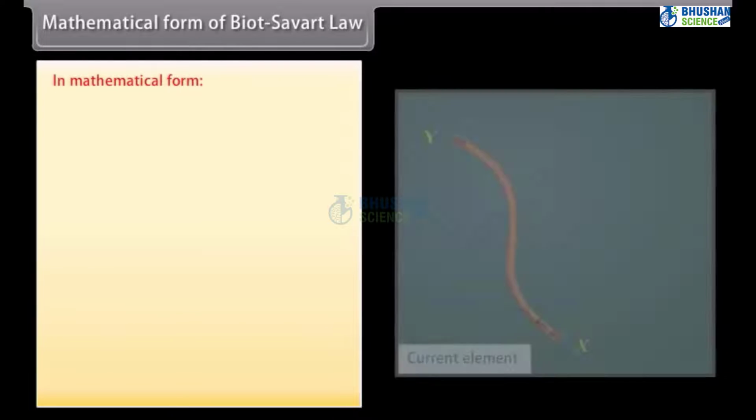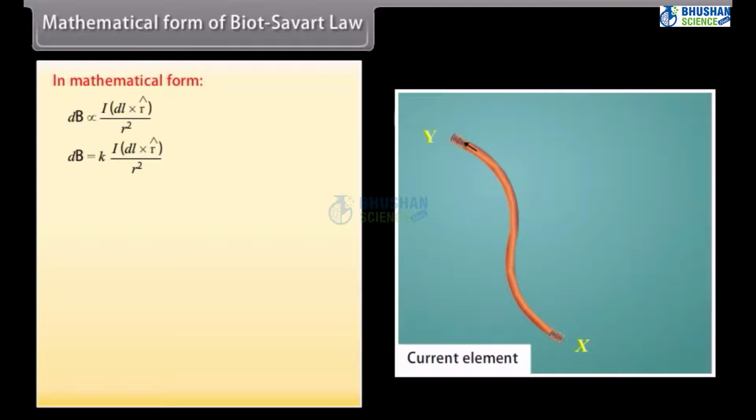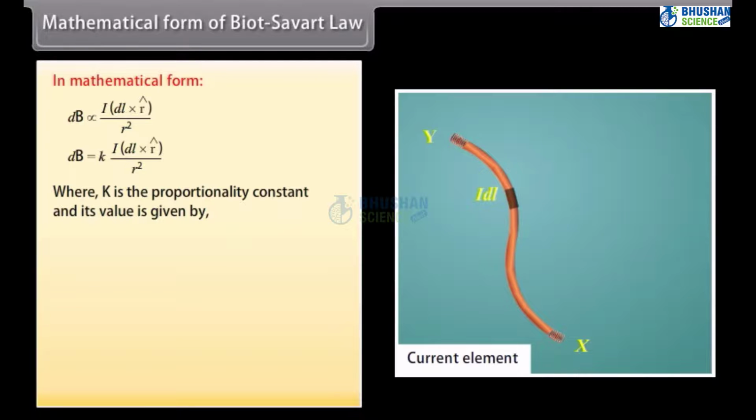Mathematical form of Biot-Savart Law. In mathematical form, dB is equal to K multiplied by I and cross product of dl and r cap divided by r square, where K is the proportionality constant and its value is given by mu naught upon 4 pi.